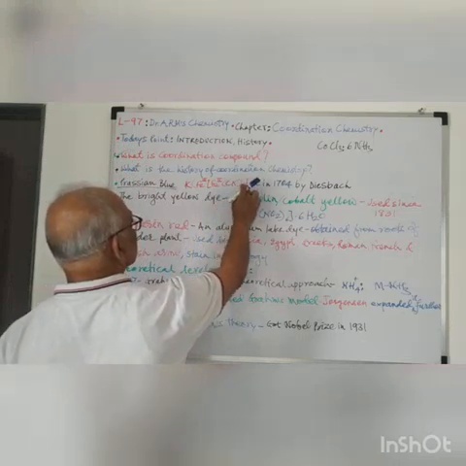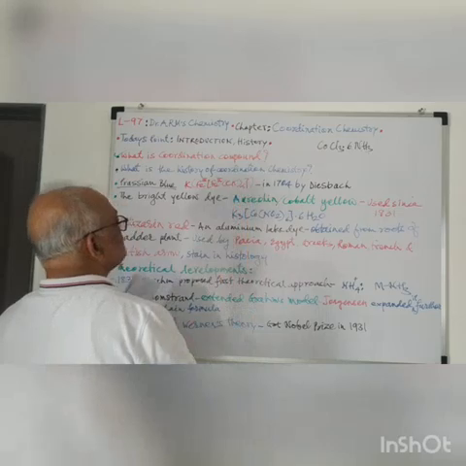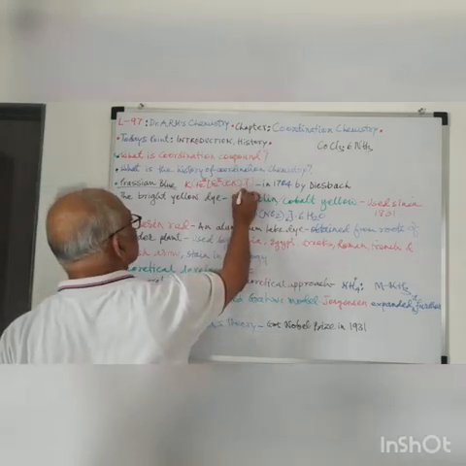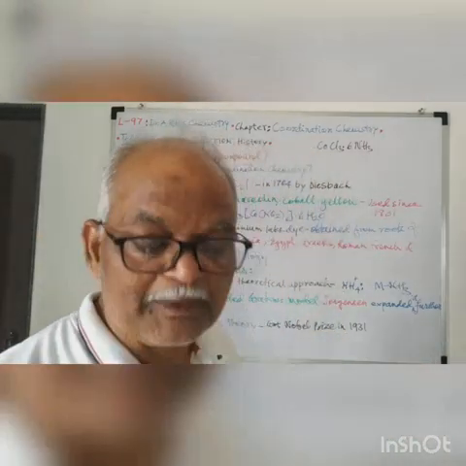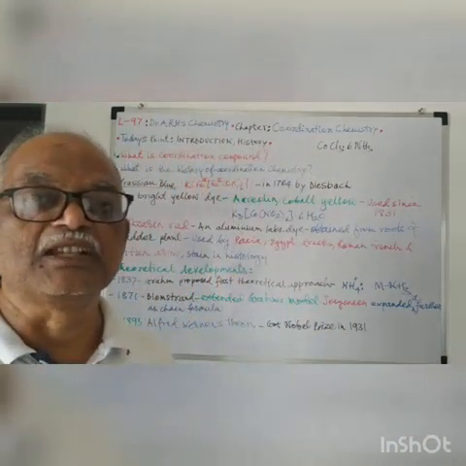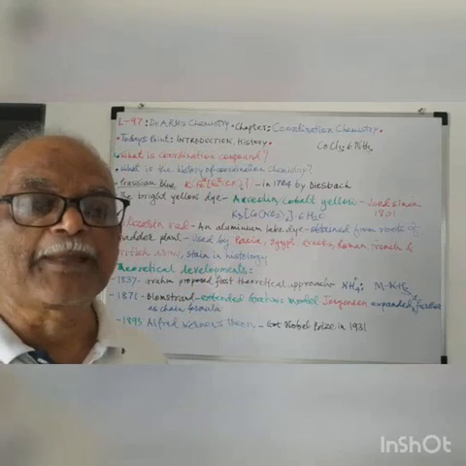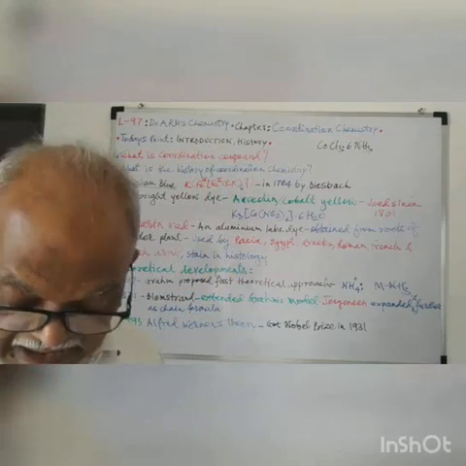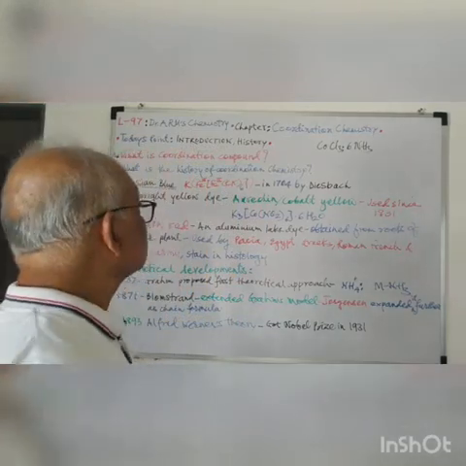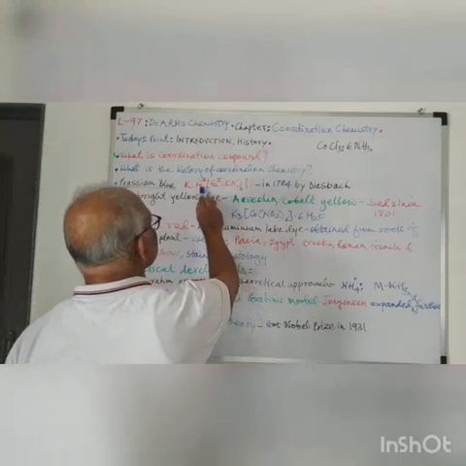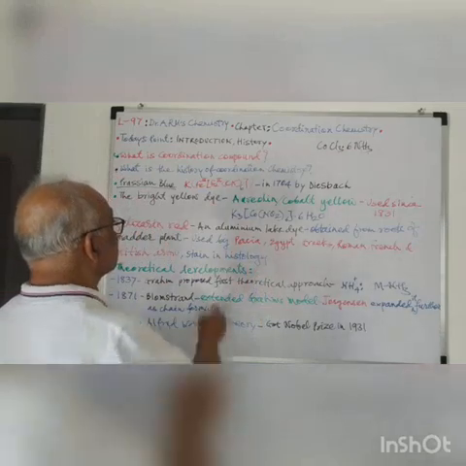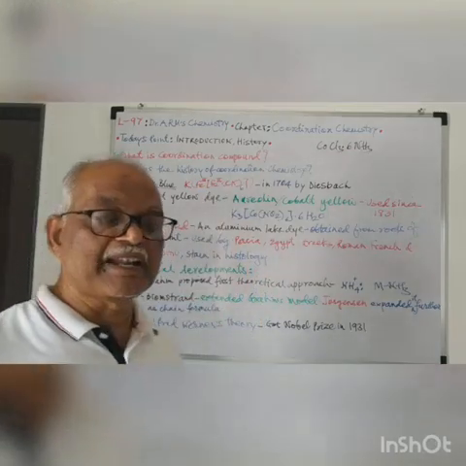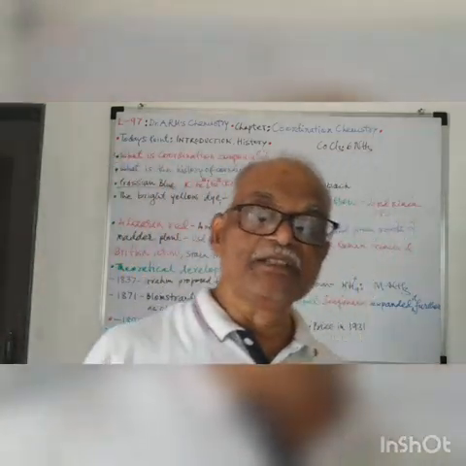The number of CN⁻ is 6. So the formula is KFe[Fe(CN)6], but the difference is that the Fe outside the square bracket is in the 3+ oxidation state, and inside the square bracket it is in the 2+ state.